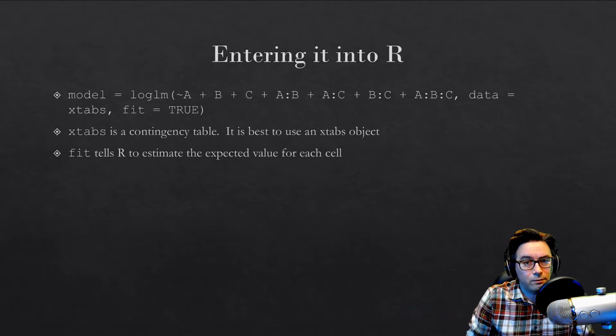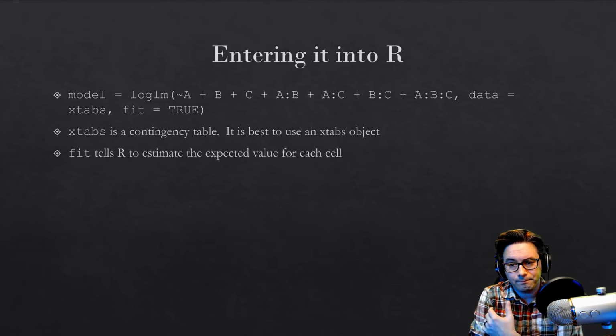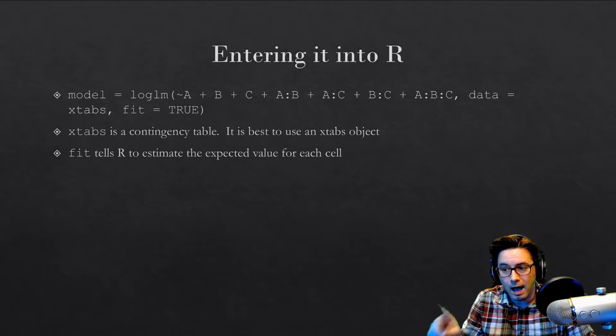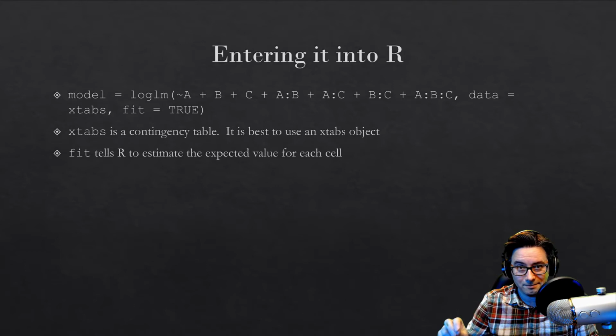We don't have any response because we're not finding a response. We're trying to look at the relationship within the variables themselves. And also notice that the data is not a data frame. It's an xtabs object. So the idea is xtabs is going to create our contingency table reference.